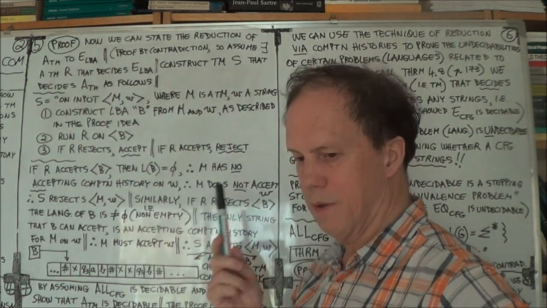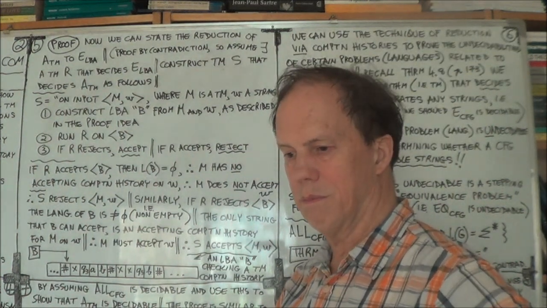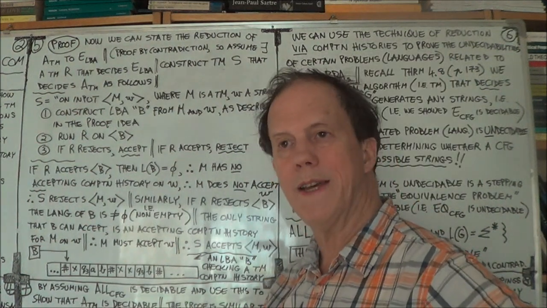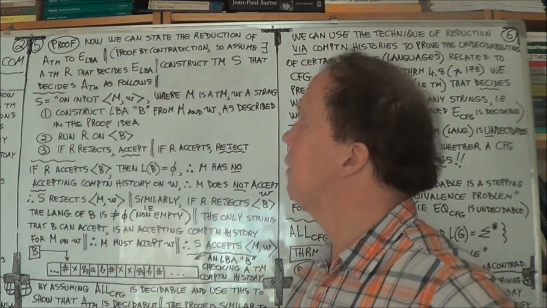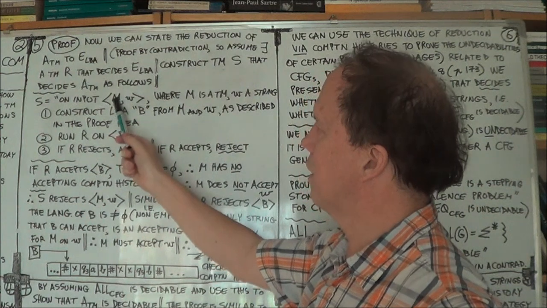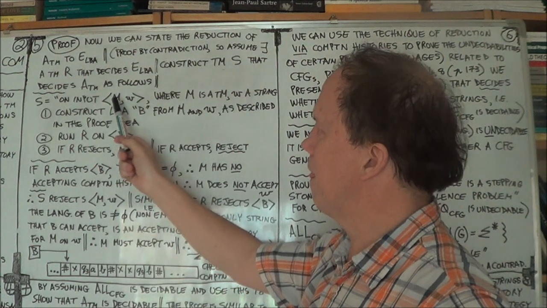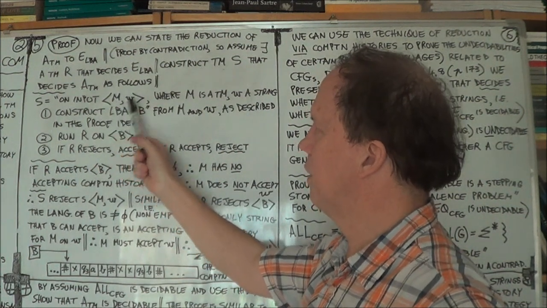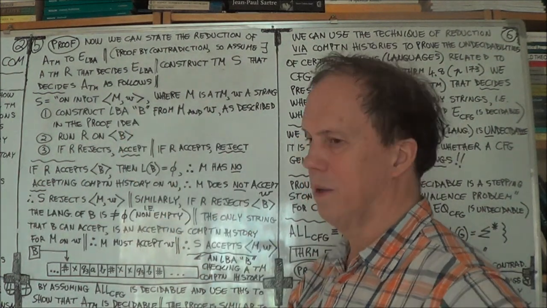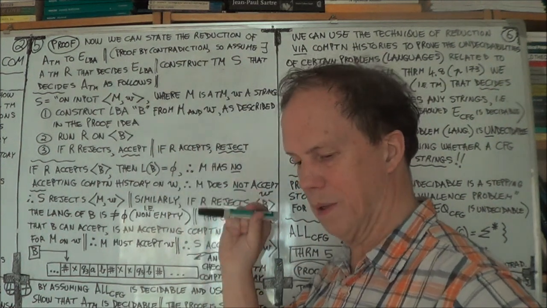The halting problem asks, can you find a Turing machine, we'll call it S, that, given any Turing machine M and a string W, will decide whether that machine M accepts this string?